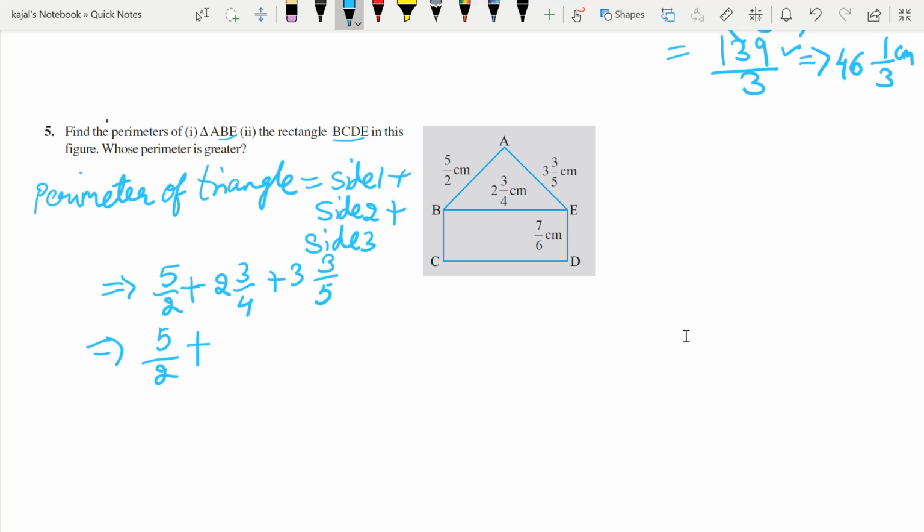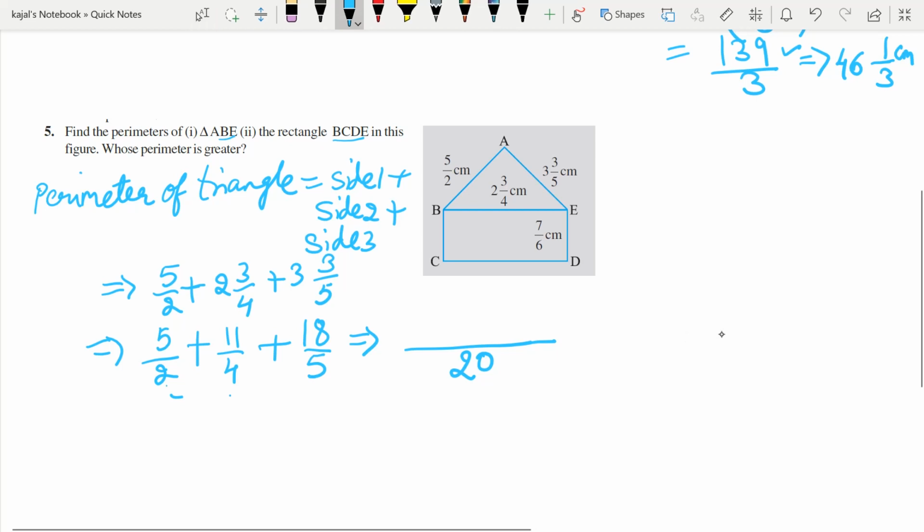So 2 3/4 means 11 by 4, plus 3 3/5 means 18 upon 5. Now we have to take the LCM of 2, 4 and 5, which is of course 4 5s are 20, which is 20.